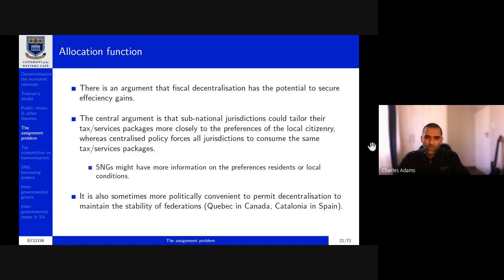Right? So in the last few years, we've witnessed a few instances of potential secession, particularly in Canada and Spain, Quebec in Canada, Catalonia. These are jurisdictions within these respective countries, Quebec in Canada, Catalonia in Spain.